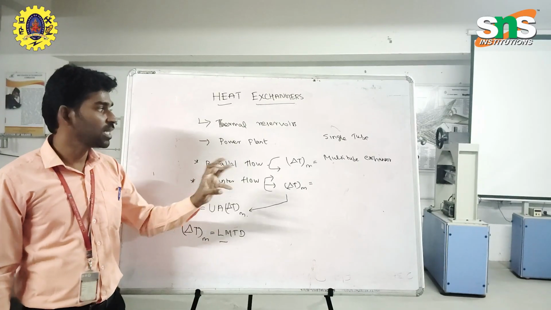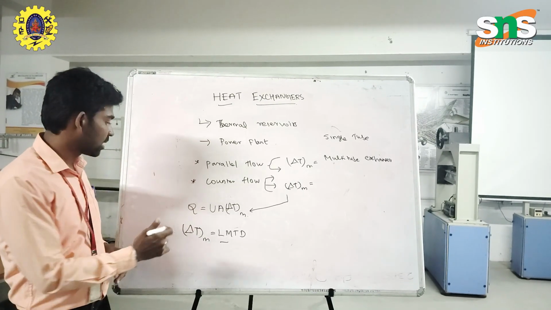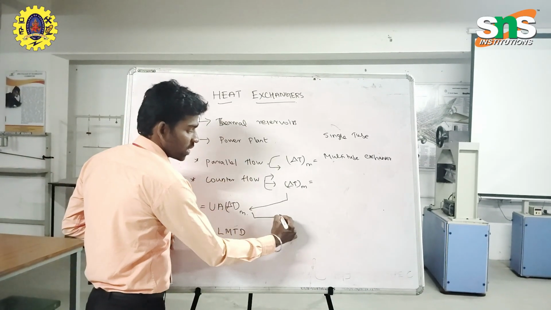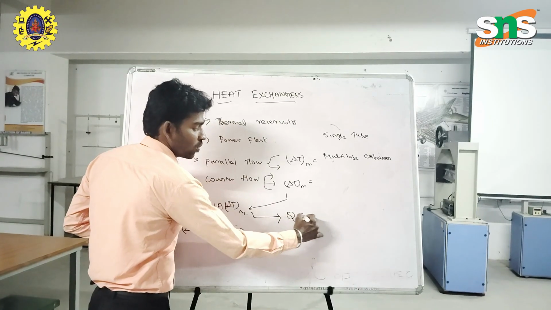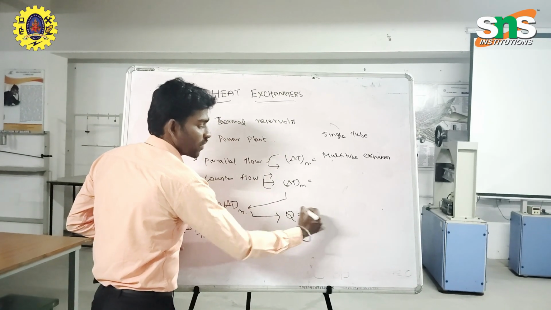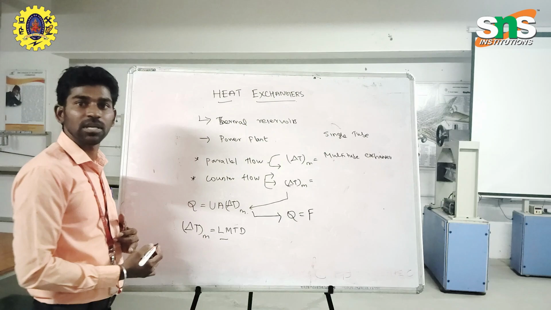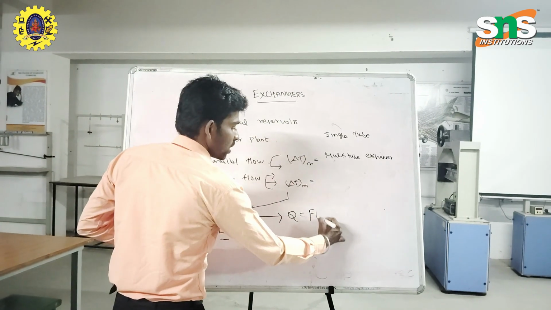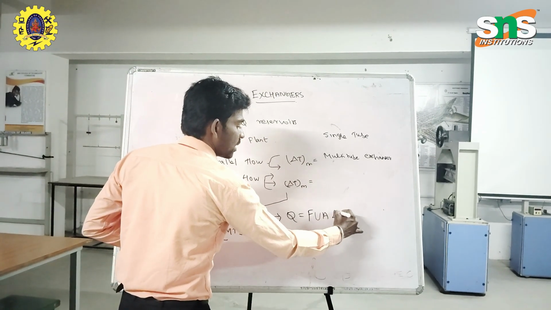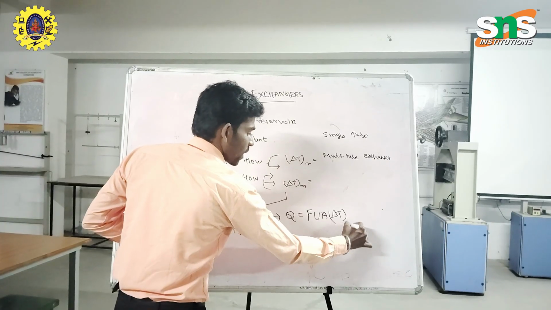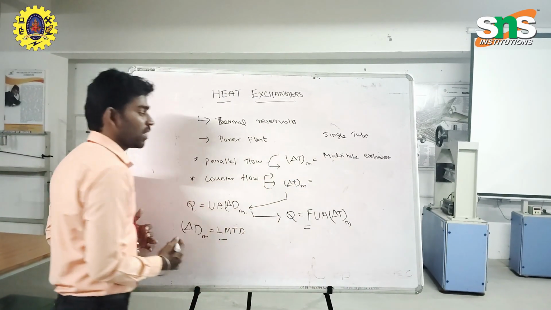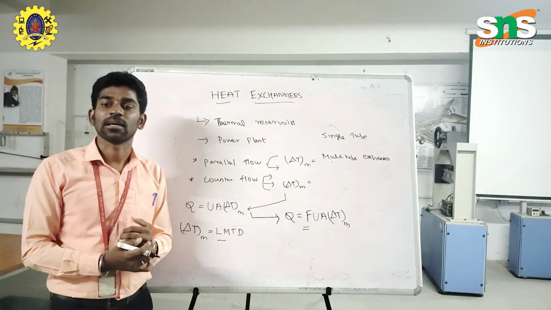When we consider this type of criteria, the heat transfer equation is modified by adding a correction factor: Q = F UA ΔTm. Here F is the value of the correction factor.